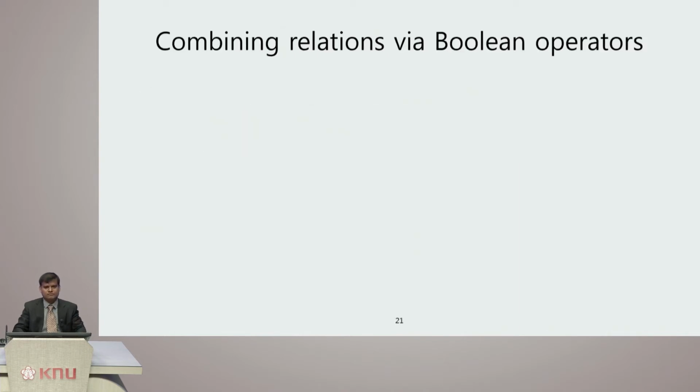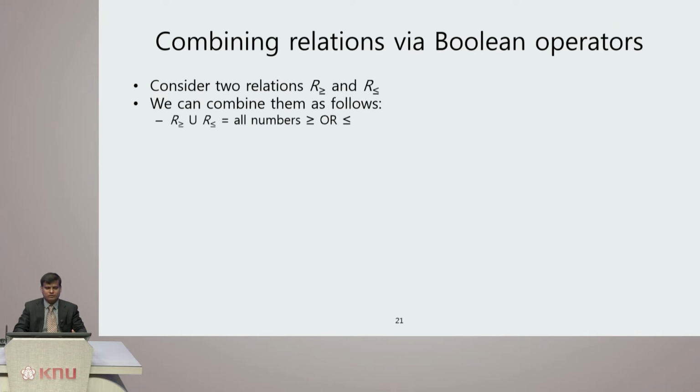So let's do it via Boolean operators. For example, we have 2 relations, R greater than or equal to and R less than or equal to. With the union operator, greater than or equal to union less than or equal to, you can represent all numbers just using the union operation.